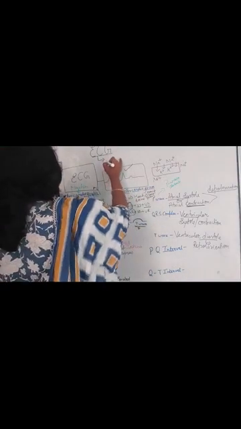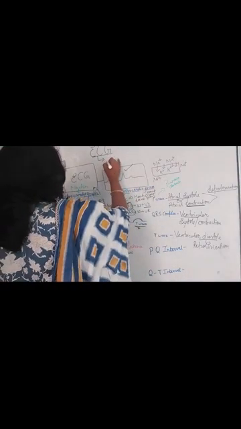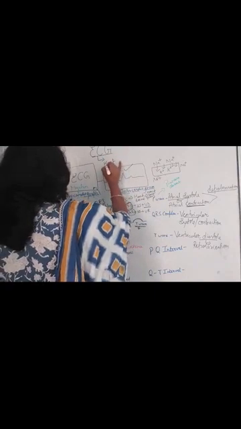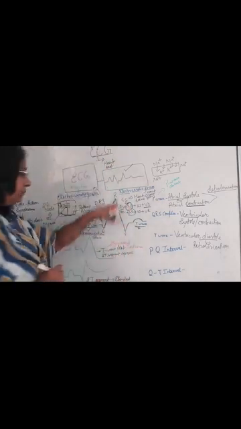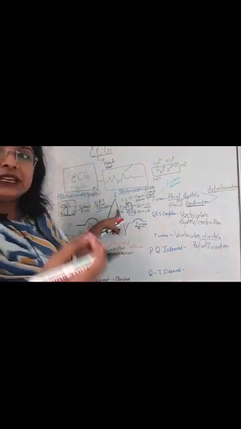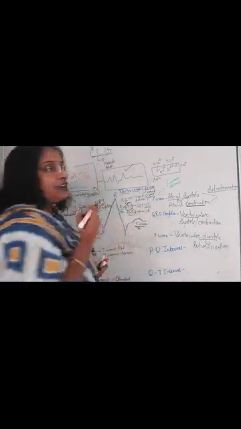So what is the use of this? We calculate the normal person's heartbeat, the pulse rate, by counting QRS complexes, P waves, or T waves.